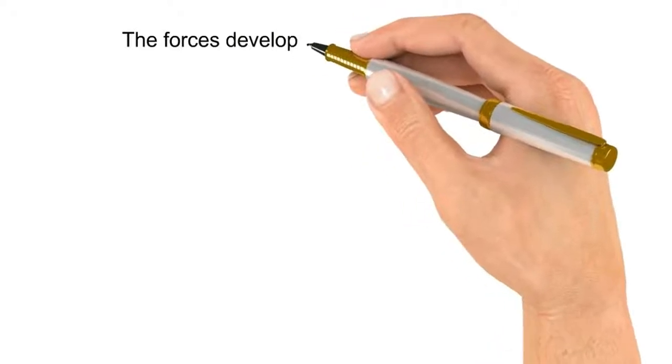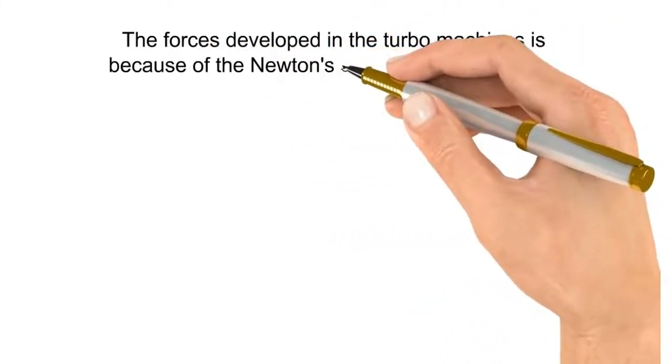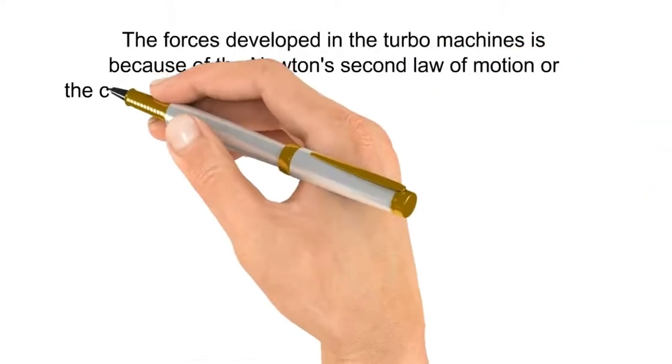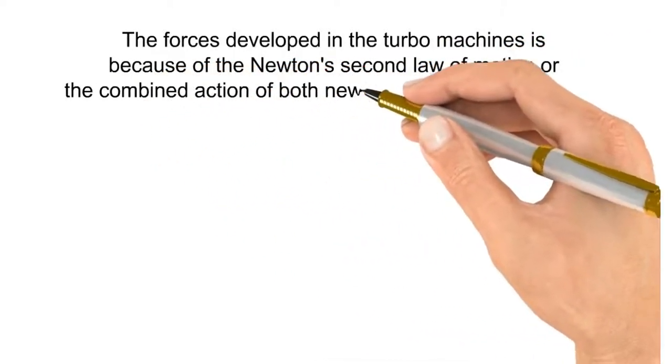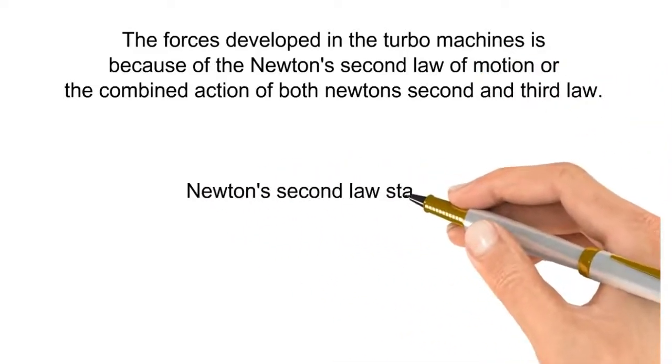So on what basis are all these developed? The basis of the turbomachines is Newton's second law, or sometimes a combination of Newton's second and Newton's third law. What is Newton's second law? It states that the rate of change of momentum is directly proportional to the force applied.